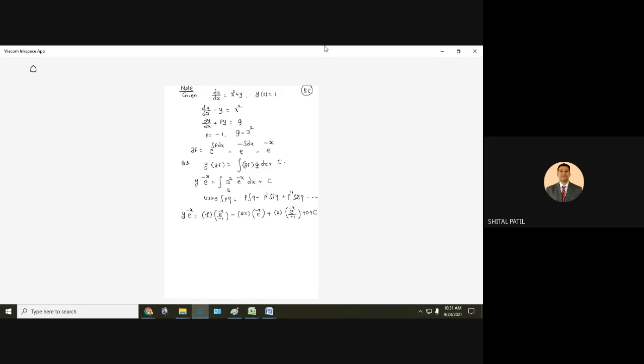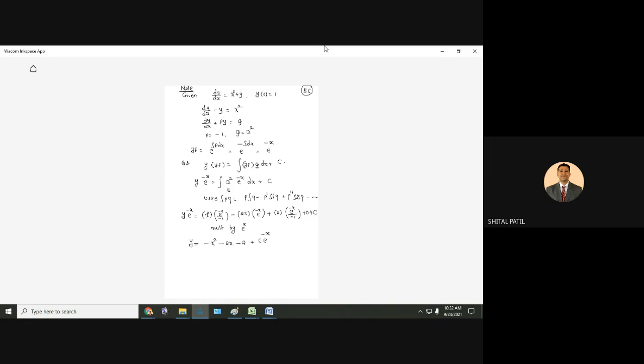I'll multiply the whole equation by e raised to plus x and simplify it. So y equal to minus x square, minus 2x minus 2 plus c. If I'm making a mistake anywhere, please tell me.